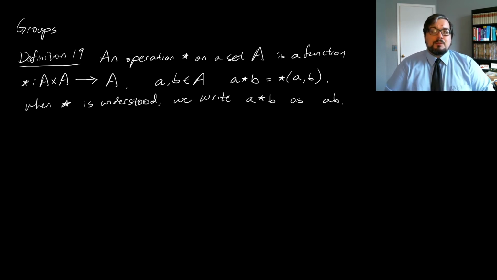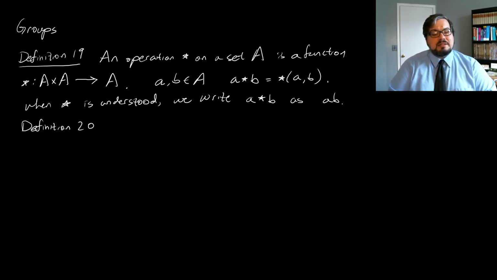So now that we have an operation, that's actually all we need to define a group. Definition 20 is the definition of a group, and we're going to want to pay close attention to this.